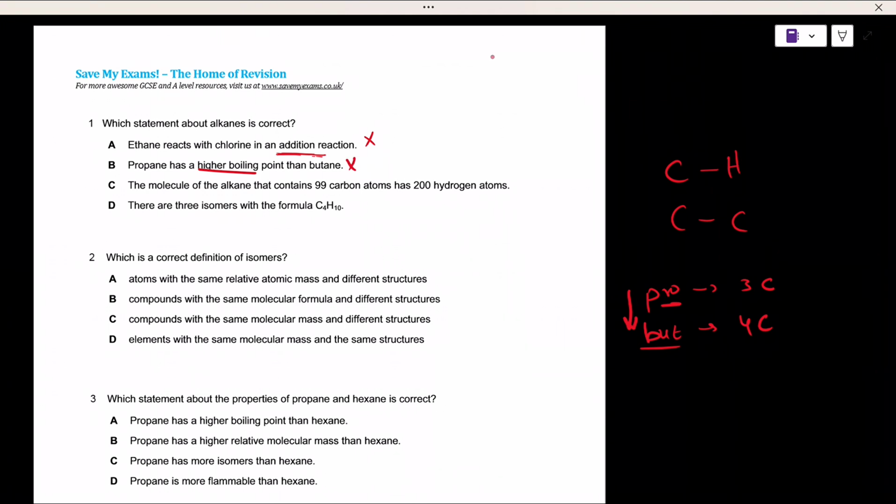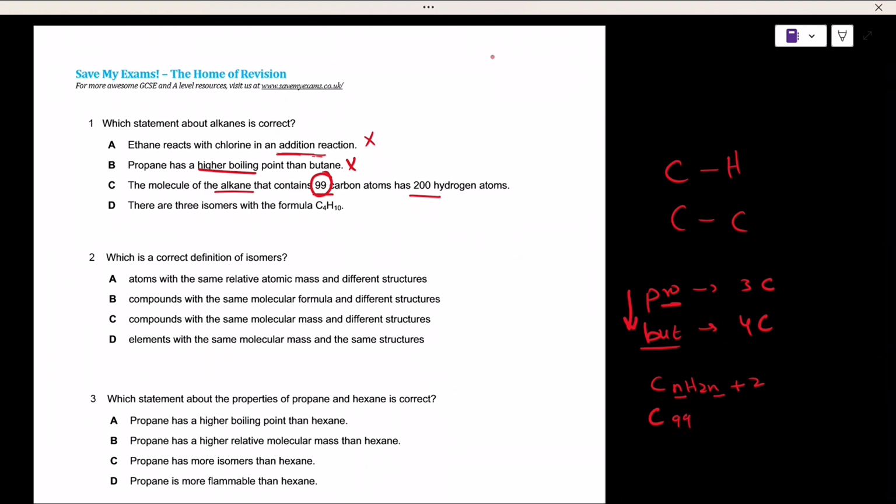Let's look at option C. The molecule of the alkane that contains 99 carbon atoms has 200 hydrogen atoms. Now it says the molecules of alkanes, so you should know that the general formula for alkanes is CnH2n+2. Here it has 99 carbon atoms, so I'll place 99 here and here.